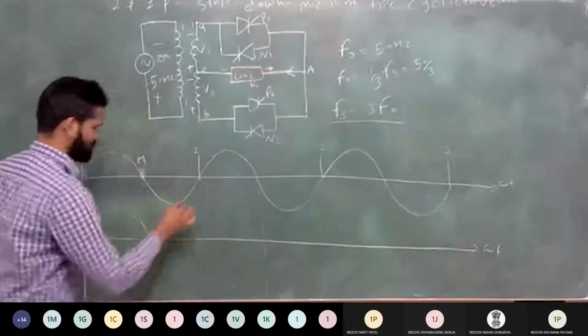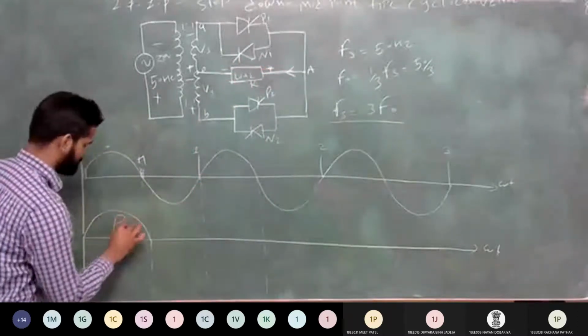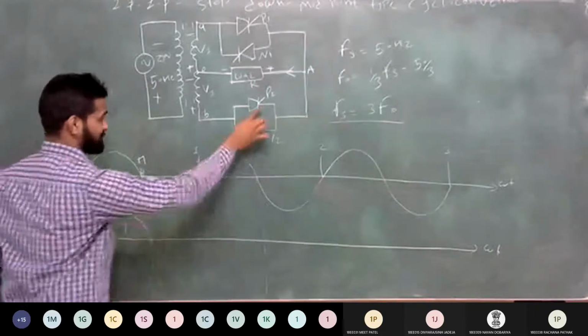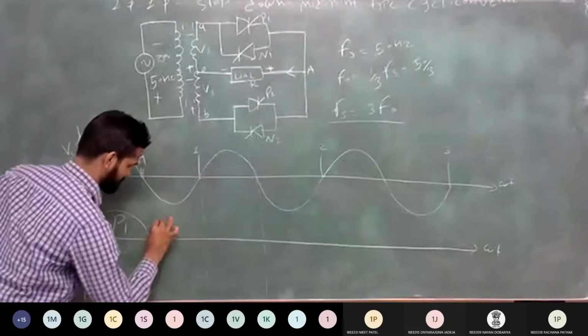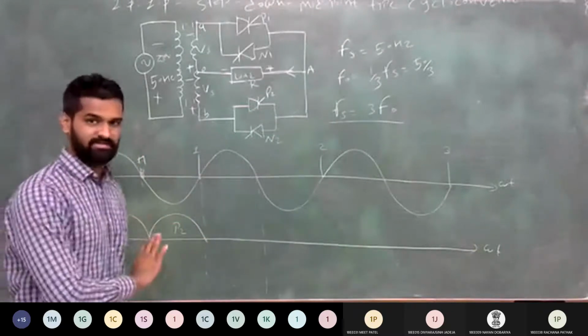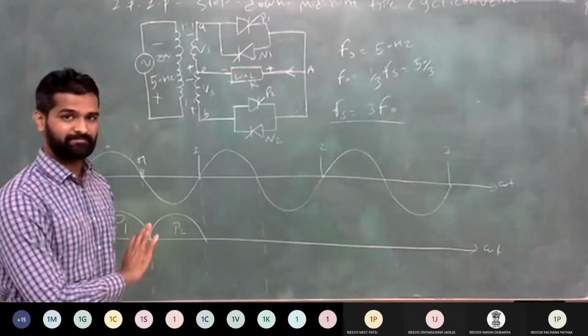So here we first turn on P1 in the positive cycle, and in the negative cycle turn on P2. So again we get the positive voltage. All of you understand this? Is there a doubt?